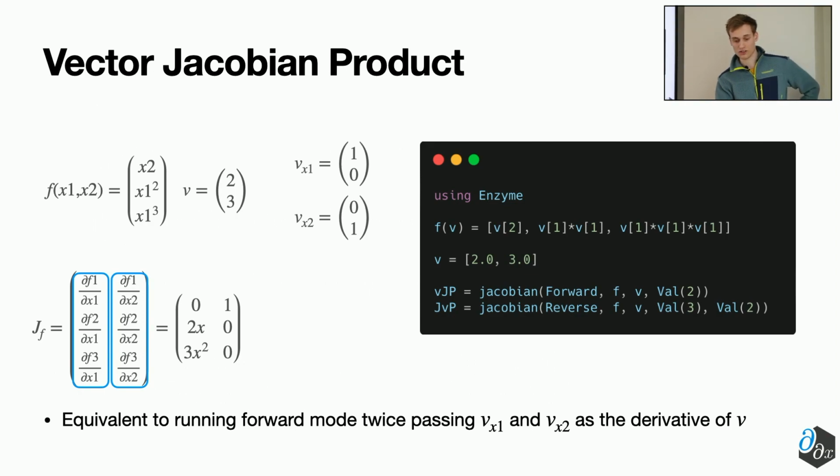So here's the vector Jacobian product, as I already said. This computes the Jacobian column-wise. So we again seed our input derivatives one-hot wise, so that we propagate the correct derivative to the output. And on the side is an example of how you would do that in Julia using Enzyme.jl.